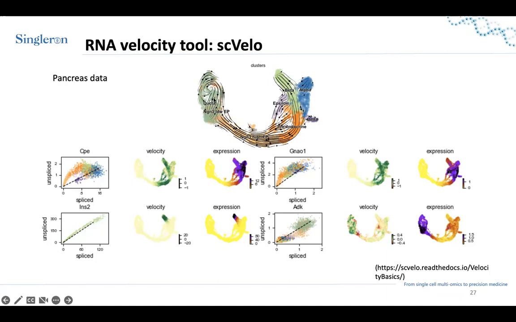This is what the technique helps you to infer. The advantage of RNA velocity, compared to Monocle, is that here you don't have to specify a starting position because it appears by itself. It finds the direction of the arrows, and then you know that the start point is where the arrow is starting, and the end point is on the right side here, alpha beta cells.